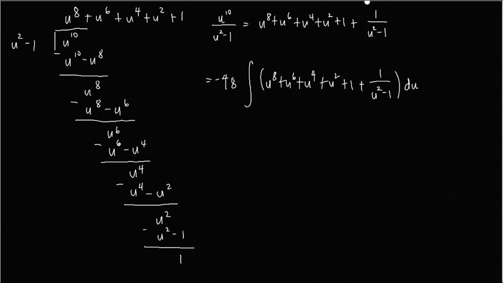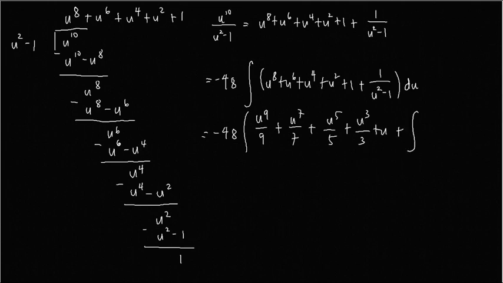So for the meantime, this 1 over u squared minus 1, what we're going to do there? So we have here negative 48 times this one is u raised to 9 over 9. This one is u raised to 7 over 7 plus u raised to 5 over 5 plus u cubed over 3 plus u plus the integral of this one du over u squared minus 1.